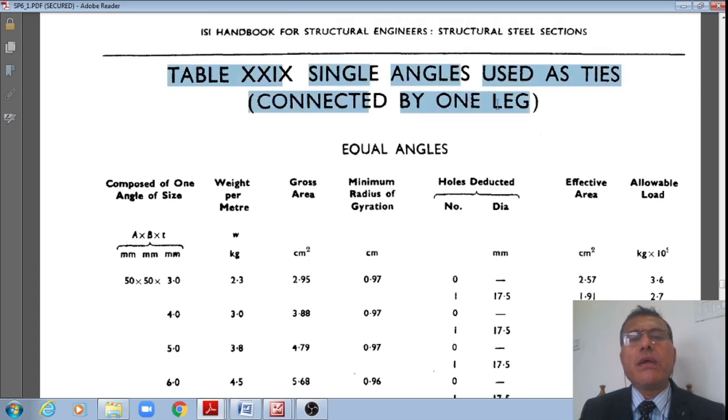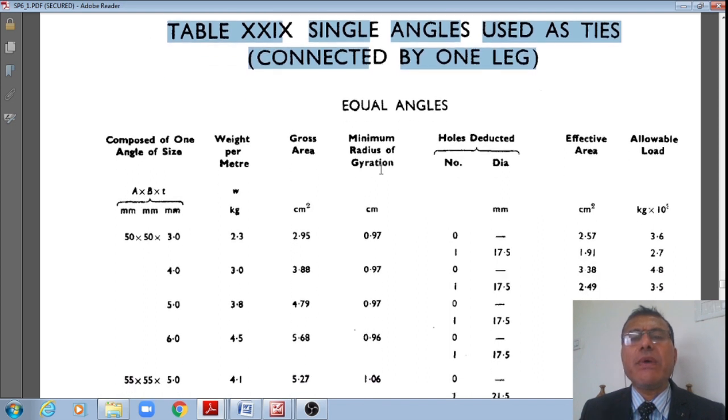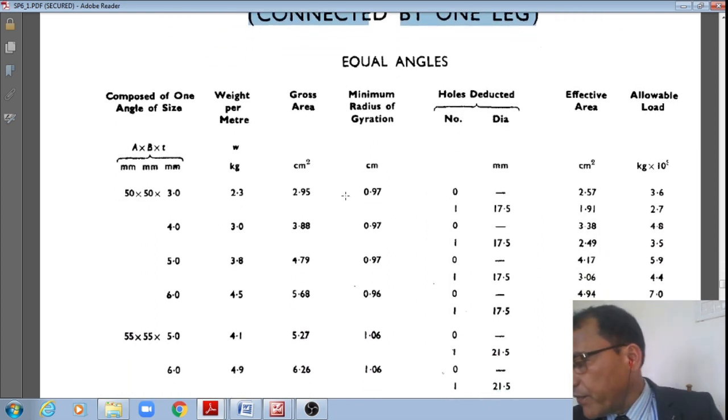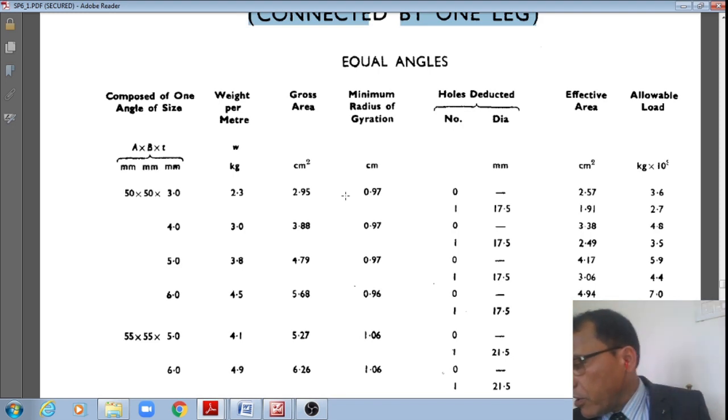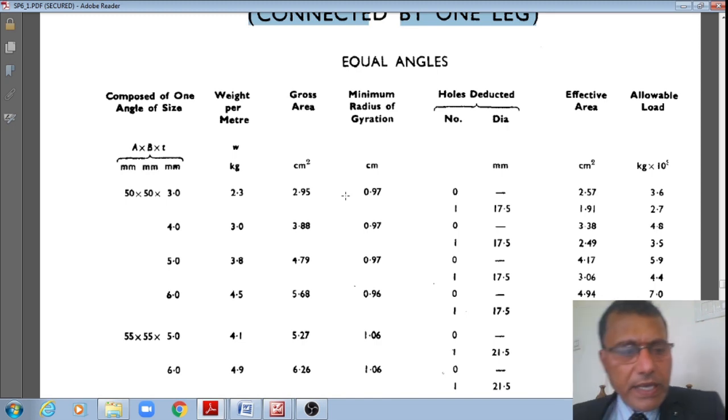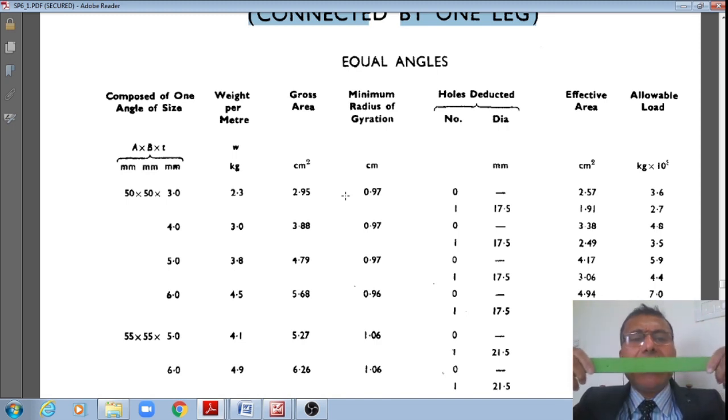Whereas this table 29 gives single angles when used as ties connected by one leg only. Right? If this is connected to one side of a gusset plate, equal angle, right? Therefore, if this is used as a tie, tension member, then how much is the safe load carrying capacity when used as a tie like this, right?